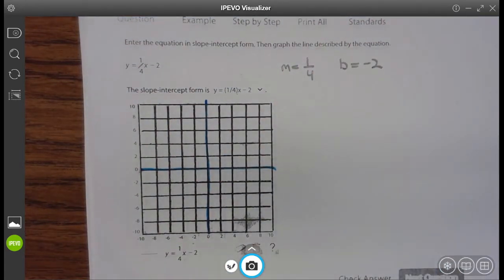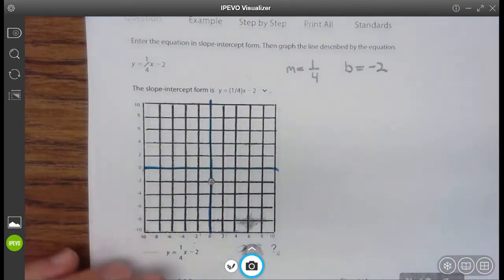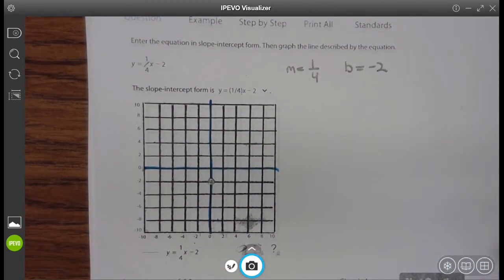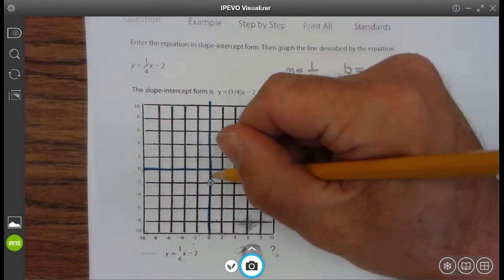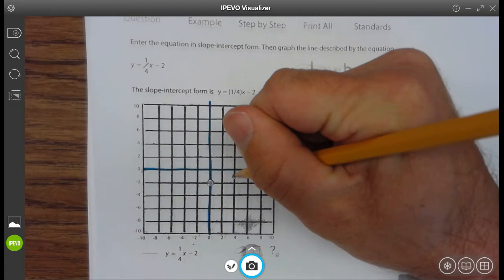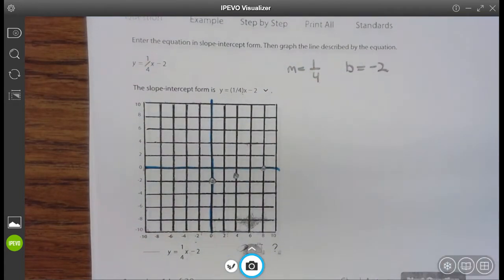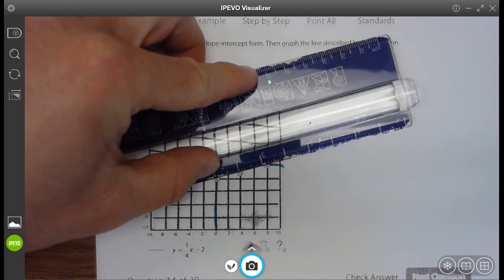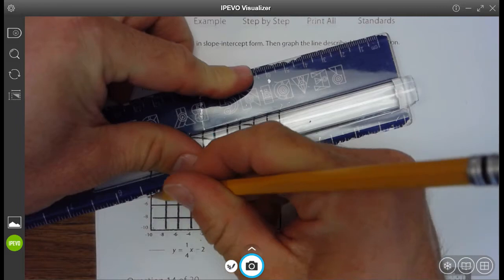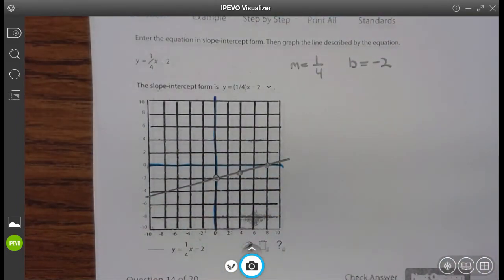We start at 0, -2, which is right here. Now the slope is up 1 to the right 4. So we go up 1 to the right 4, up 1 to the right 4, and then we draw a line. All right, go ahead and finish up example 14.